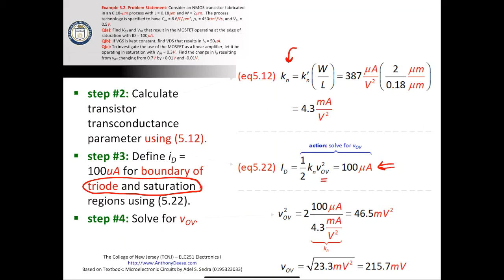The triode region expression is dependent on both VDS and VOV, which makes it more difficult. There's one more variable to deal with. So anyway, what we're going to do is solve this for VOV. In order to do that, we simply move the variables over to the other side using division. We take the square root, and so we end up with 215 millivolts as our overdrive voltage.